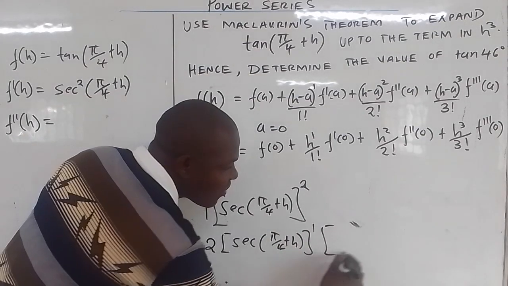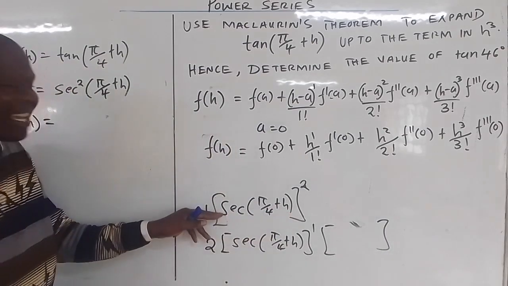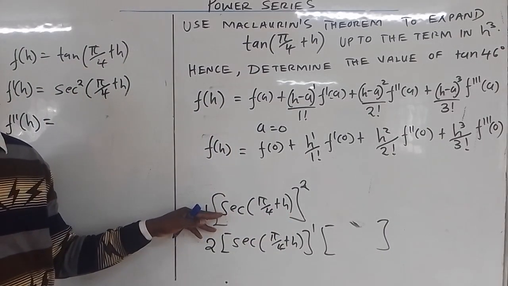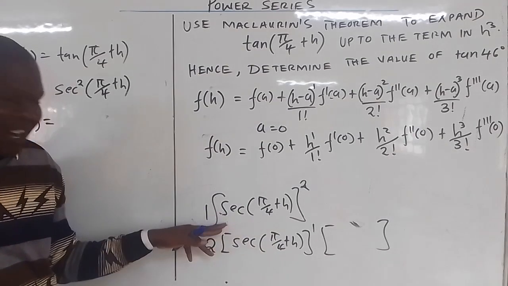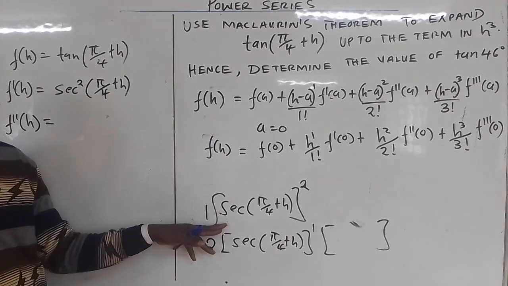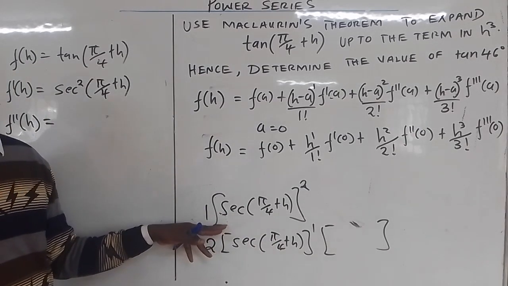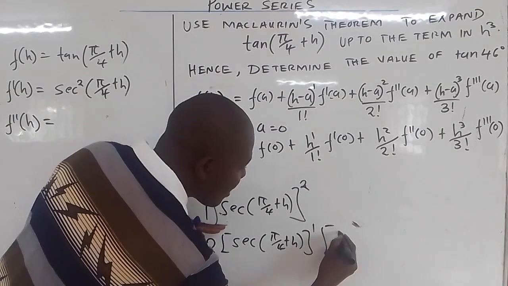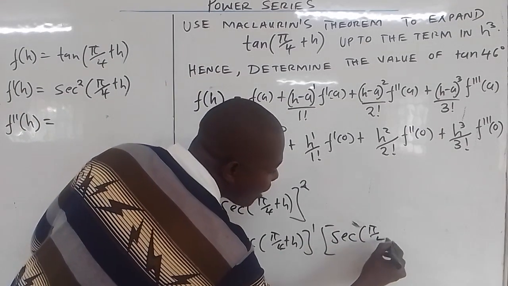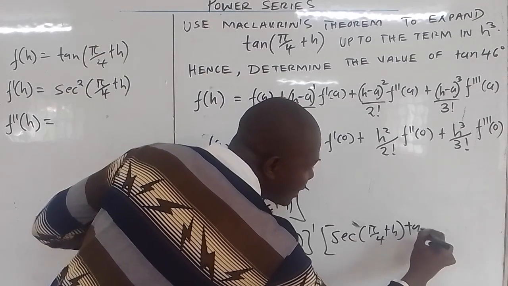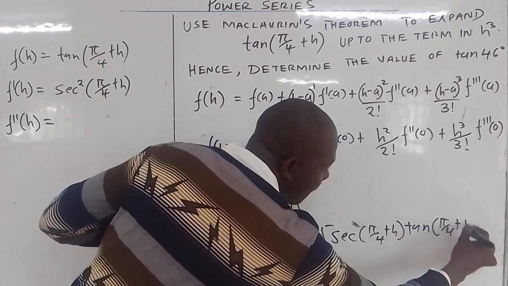Then you differentiate the inner function, which is sec of pi over 4 plus h. Differentiating sec, you get sec tan. Meaning the inner function gives you sec of pi over 4 plus h times tan of pi over 4 plus h.